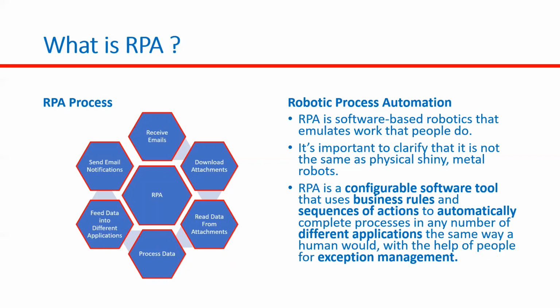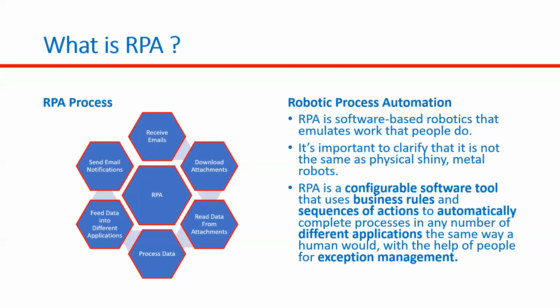So RPA is a configurable tool that uses business rules and a sequence of actions to automatically complete a process in any number of different applications the same way a human would, with the help of people for exception management. This is the actual definition of RPA. So what is meant by configurable tool?